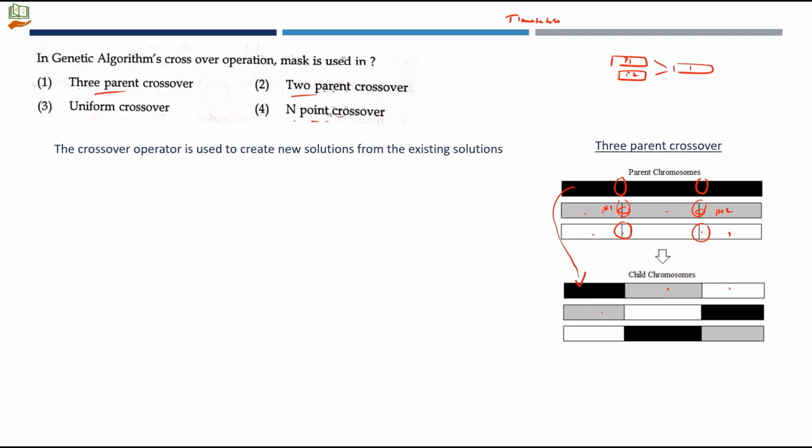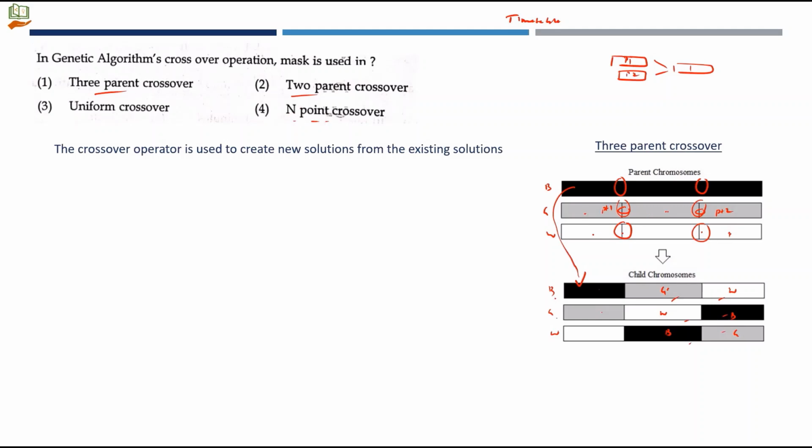The first part is staying as it is. We have black, grey, white. It is black, grey and white. Here it is grey, white and black. Similarly, the next shuffling will be white, black and grey. Since there are 2 points, we can say this is 2-point crossover. If there are n number of points, there is n-point crossover.